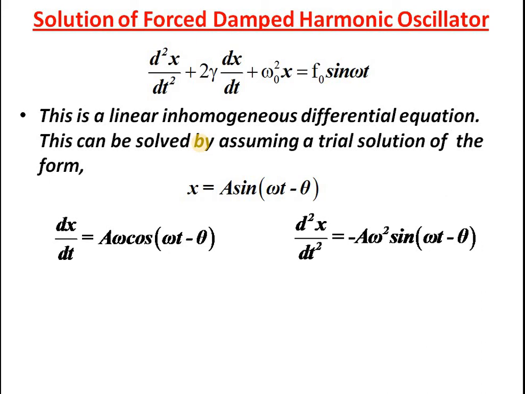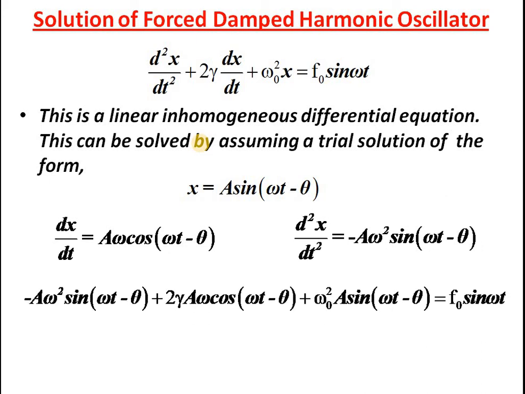Now we can input these values into the second order differential equation. So your d square x by dt square is replaced with this term, your dx by dt is replaced with this term with a 2 gamma coefficient, and finally omega 0 square x, that is a sin(omega t minus theta), is equal to f0 sin omega t.